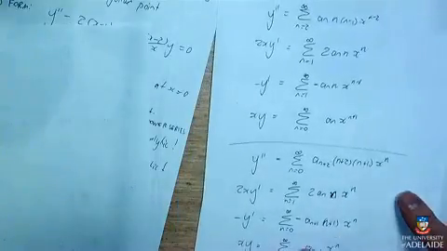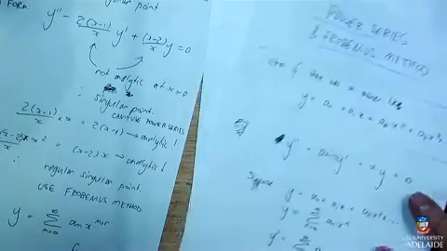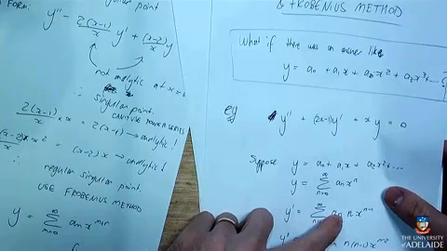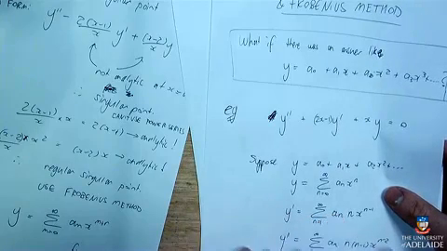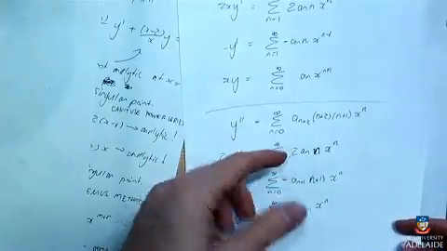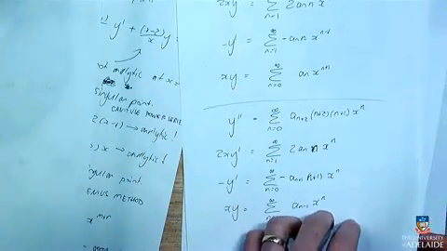So I got rid of them when I did the derivatives. When I got the derivatives, I said, oh, this one starts at 1 because when n is 0, it's 0 anyway. So I got rid of that right at the beginning. But I could do it later, but I would have to sub in n equals 0 and see if some of them aren't really there, and then sub in n equals 1 and see if any of them aren't there.